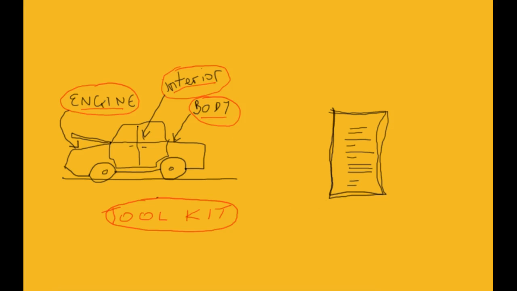Now, similarly, when we look at a piece of literature, a book, or a poem, we need the same things. The book may be a great book to read, but we are going to look at the toolkits that are needed in order to analyze and break down that book or that poem to understand what makes it such a great book or a great poem.